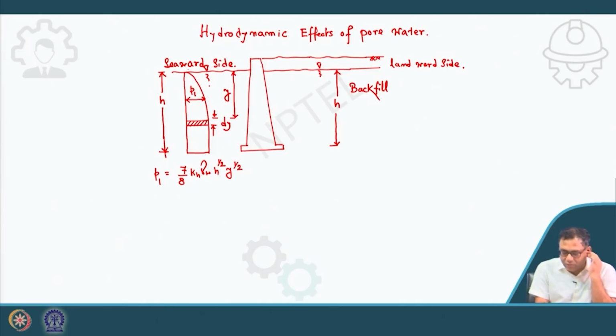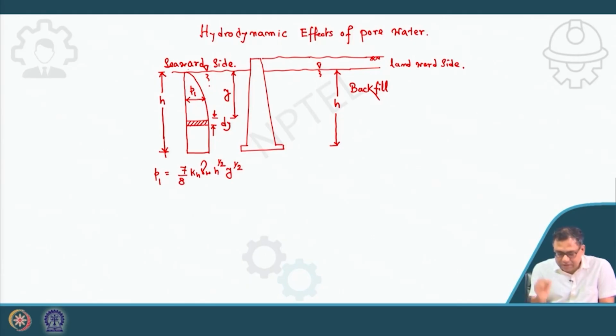This y is at any depth from the water table, and H is the height of the water from the base of the retaining wall, and kh, you know, is the pseudostatic coefficient of horizontal acceleration, or sometimes we call it the acceleration coefficient. So that is the 7/8 value. This was proposed by Westergaard in 1933.